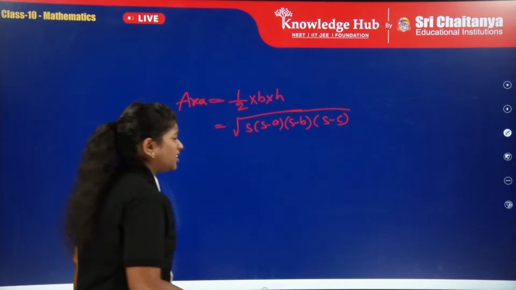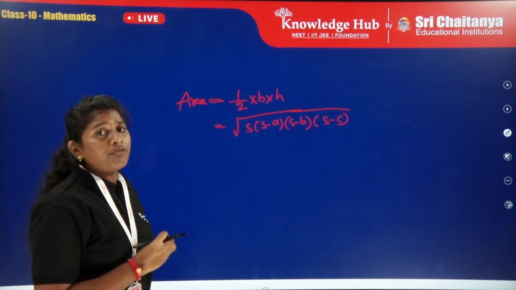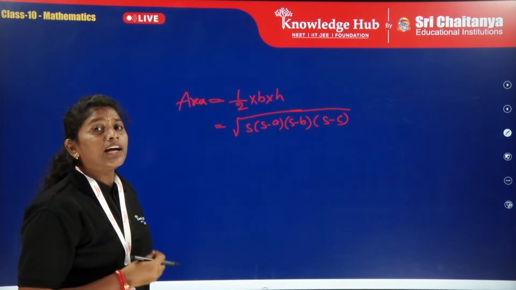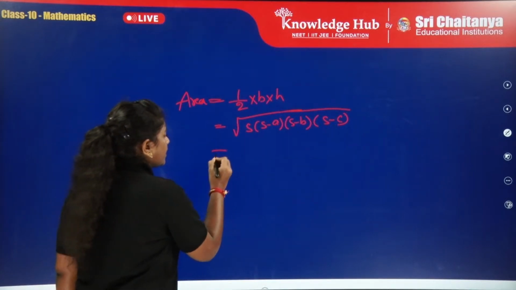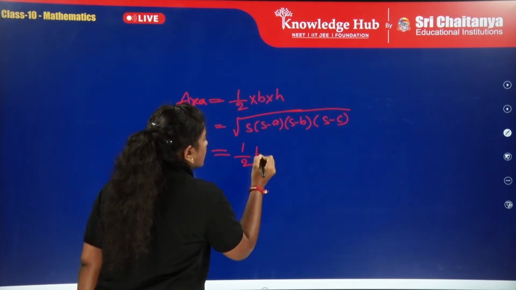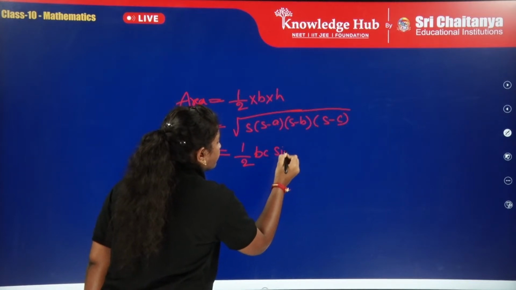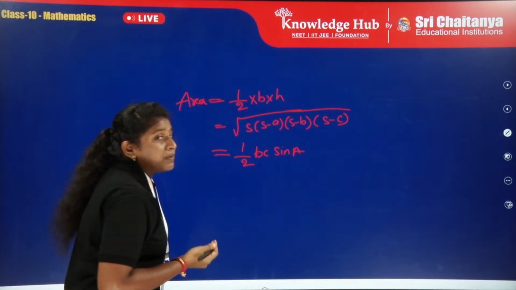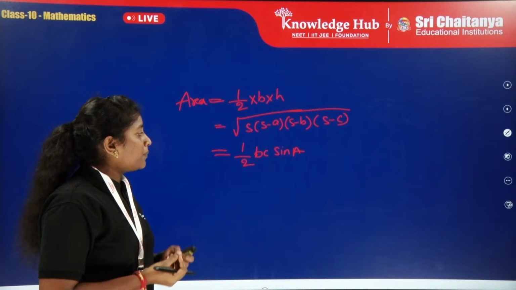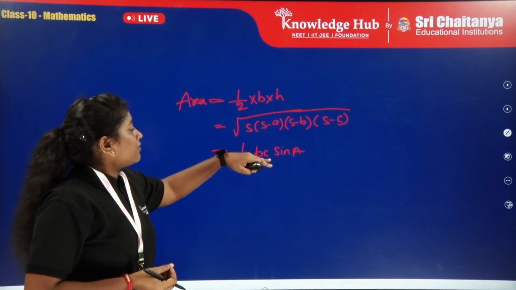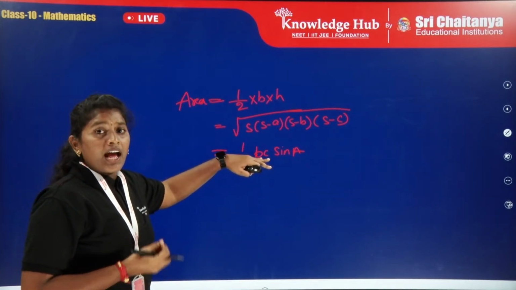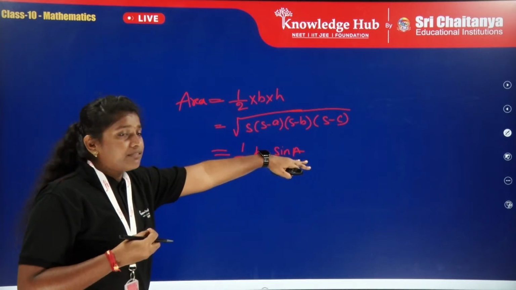Now the same area of a triangle can be represented with the help of trigonometry, and it is given by half of BC into sin A, or you can replace your sides BC with AB. Whatever values I am taking, I must get the remaining value here.